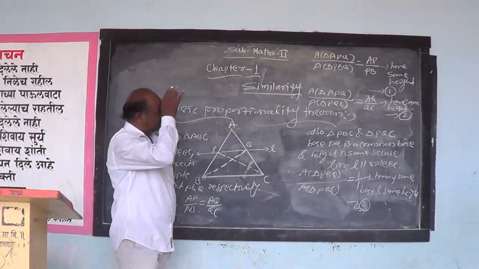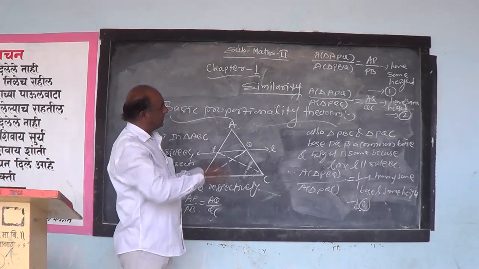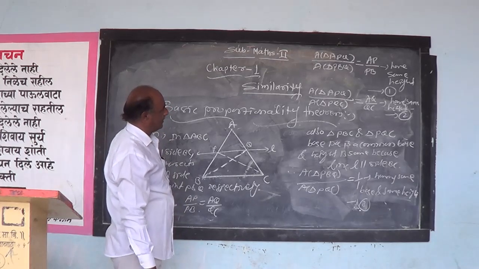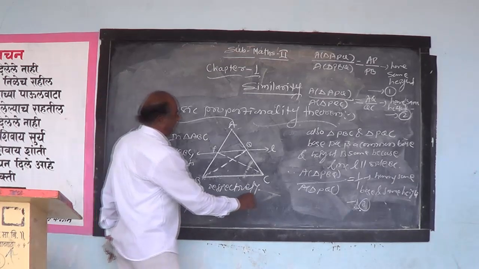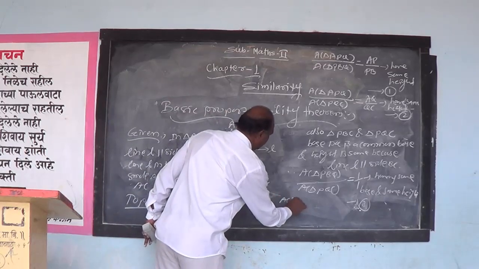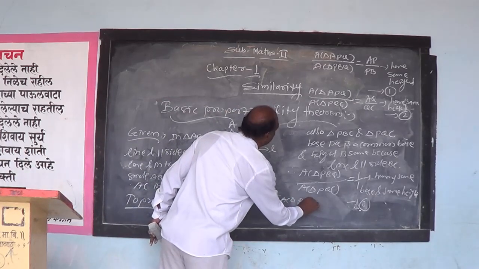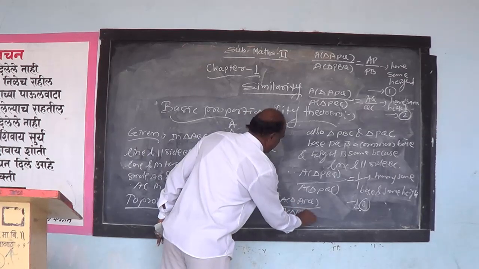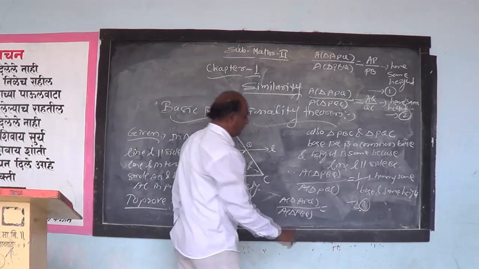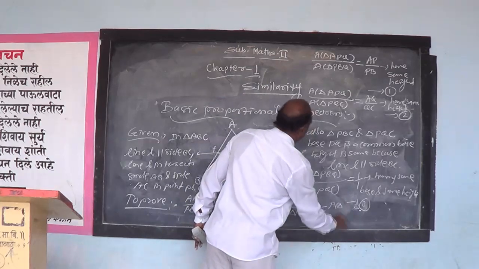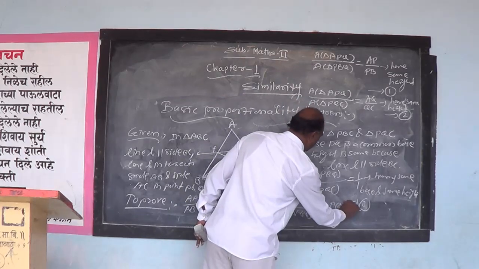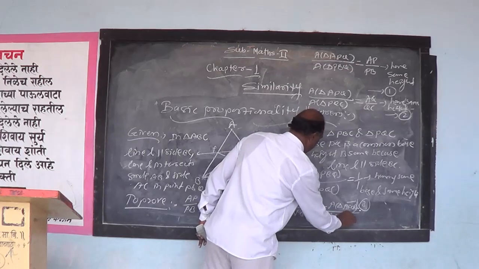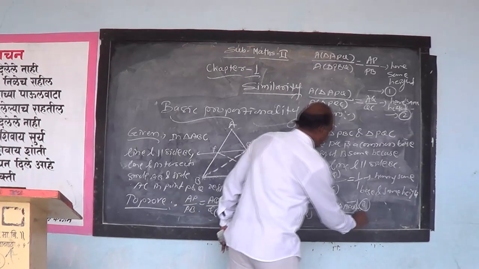By equations first, second and third, lastly we get area of triangle APQ upon area of triangle PBQ is equal to area of triangle APQ upon area of triangle PQC.